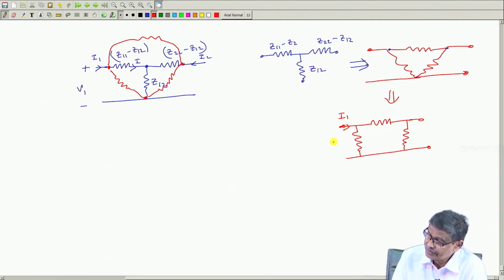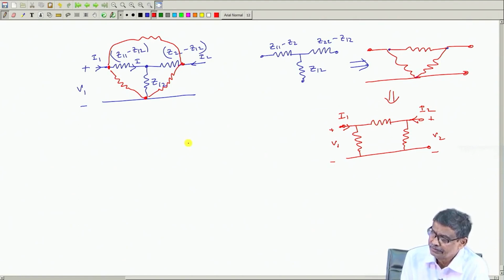So, I1, V1, this is V2 and this is I2. What will be the value of this impedance? The star connected rule I will apply, is it not? This plus this into this divided by this. So, I can always find these values also.